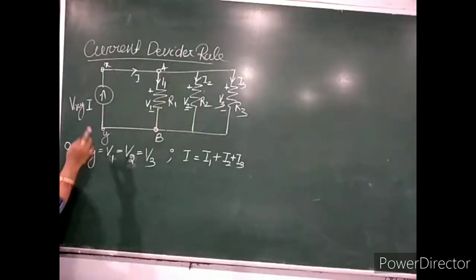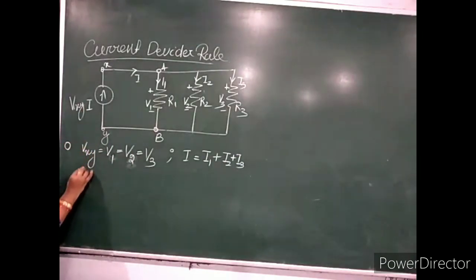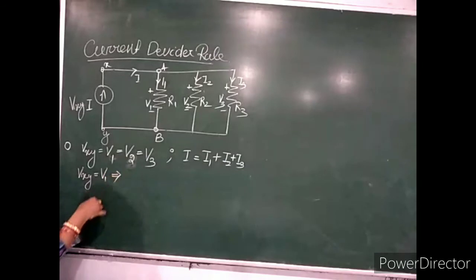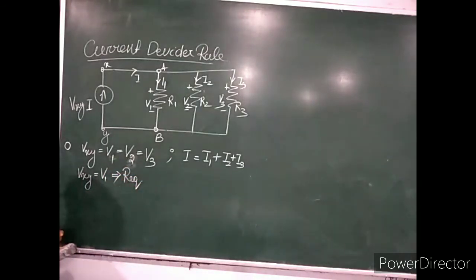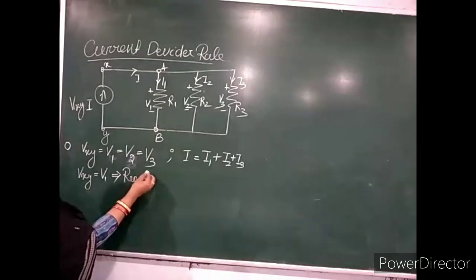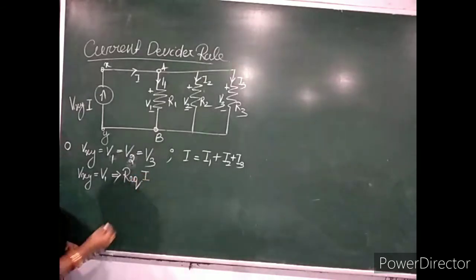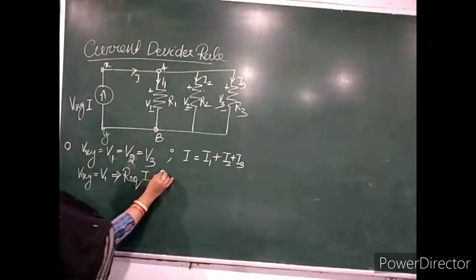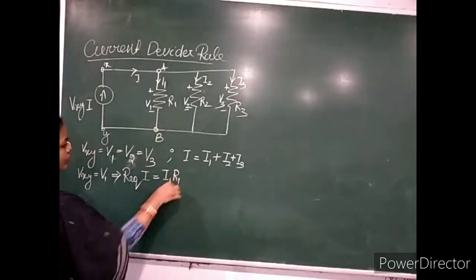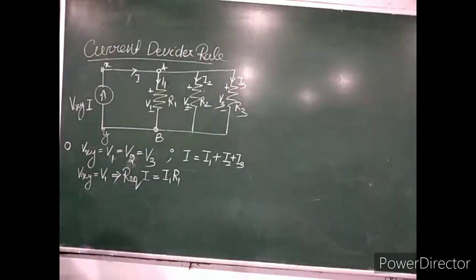To find I1, you compare Vxy with V1. What is Vxy? That is the total equivalent resistance of the circuit into the total current. V1 is equal to I1 into R1. What is the total equivalent resistance for the given circuit?